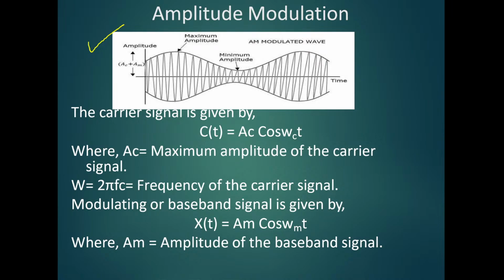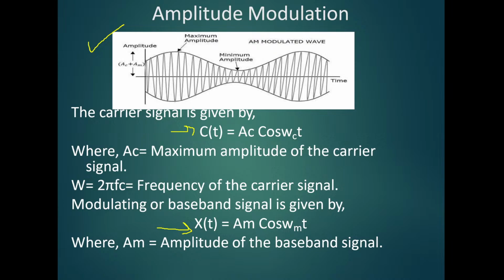Now let's get into and study the different equations. The very first thing, the carrier signal is given by c(t), and our modulating signal or information signal is given by x(t).